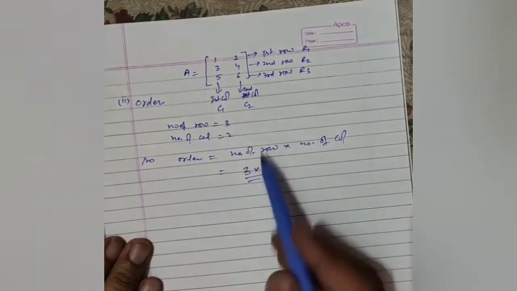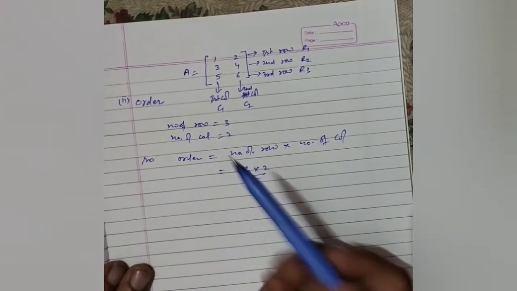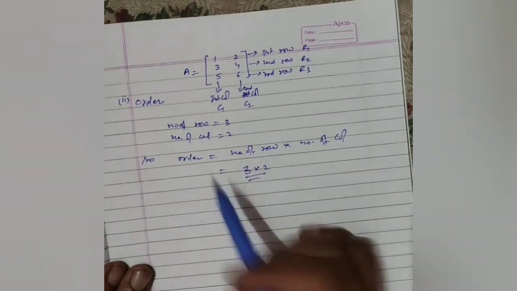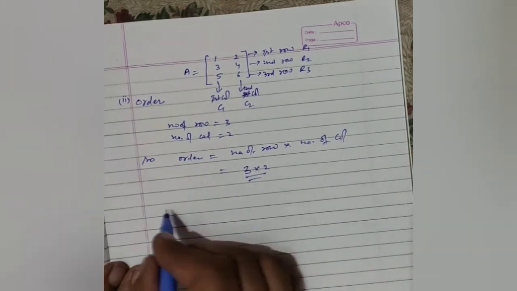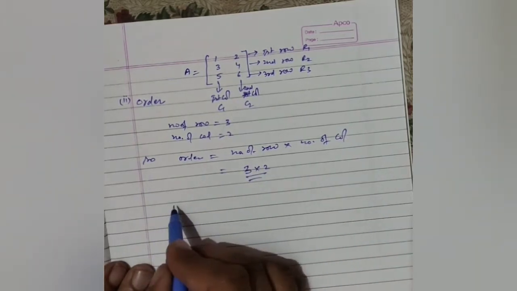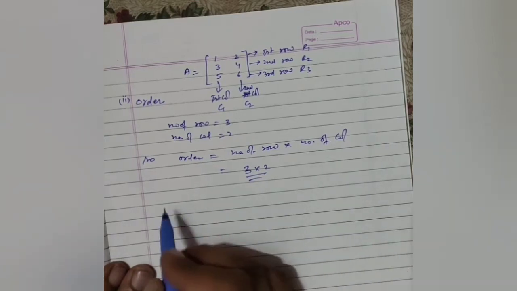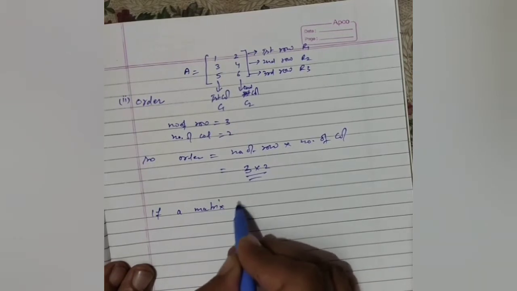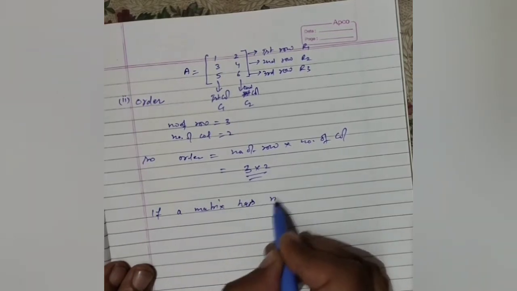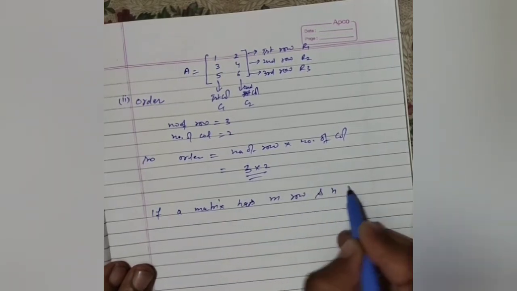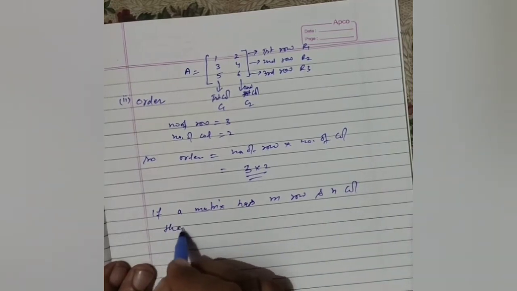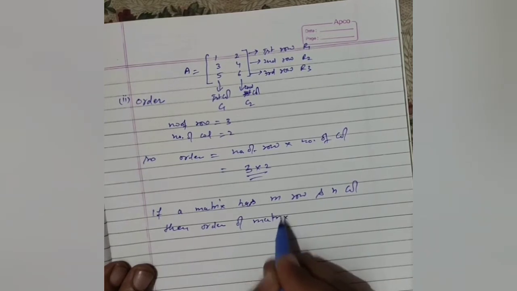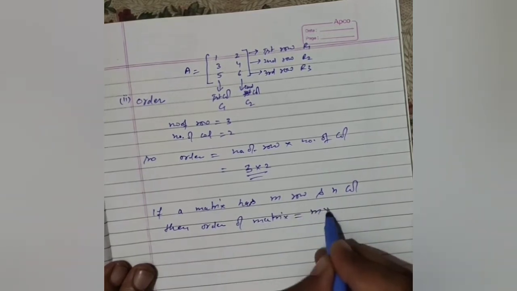The order of this matrix is 3 into 2. If a matrix has m rows and n columns, then the order of the matrix is m by n, that is, m into n.